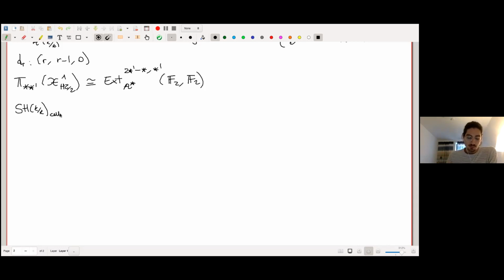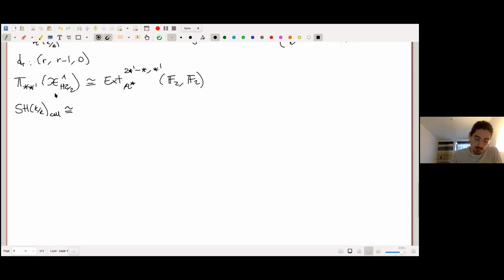The strategy is the same as the one used by Gheorghe, Wang and Xu to study the cellular part of C-tau modules, and we get a similar result.